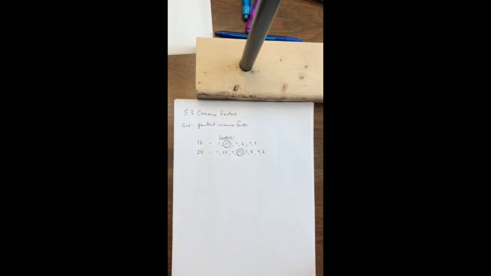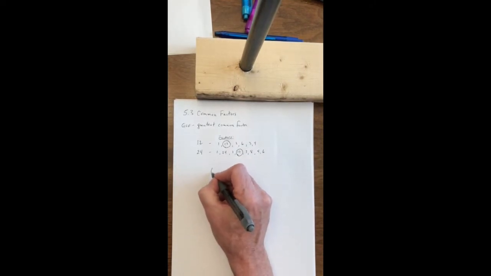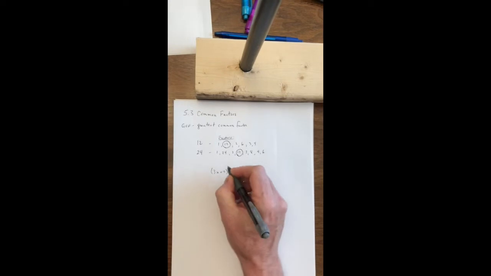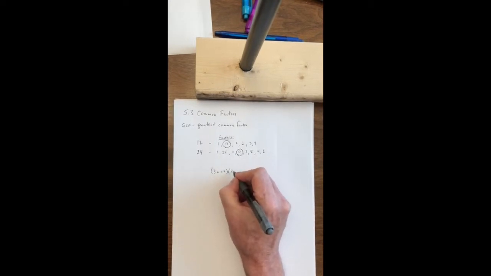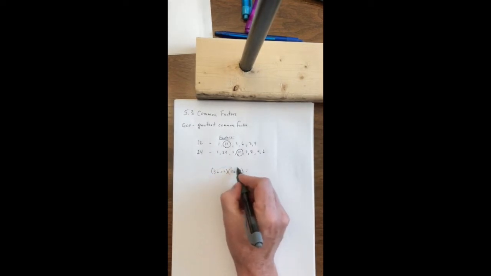Now, factoring is sort of the opposite of what we've been doing so far. So we've been doing questions like 3x plus 2 times 2x plus 4, and we've been foiling these out.